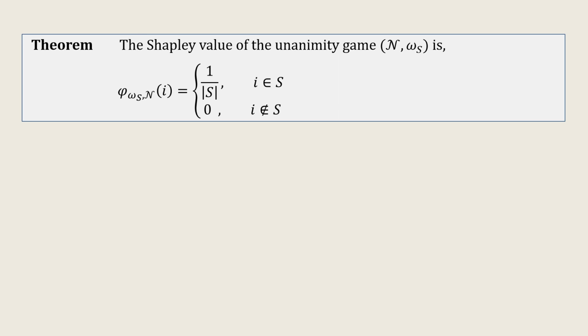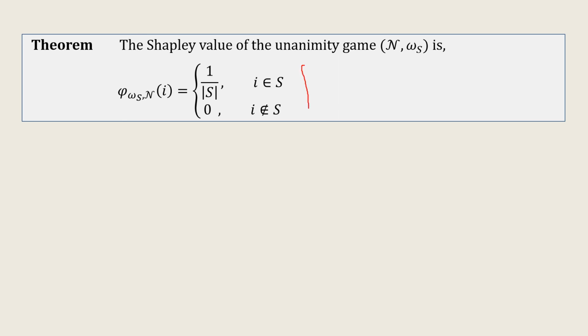The Shapley value of the unanimity game is equal to, so for every agent i that's contained in S, that belongs to S, the Shapley value is 1 over the cardinality of S. And the Shapley value of an agent that's not a member of S is 0. And this can be proved.